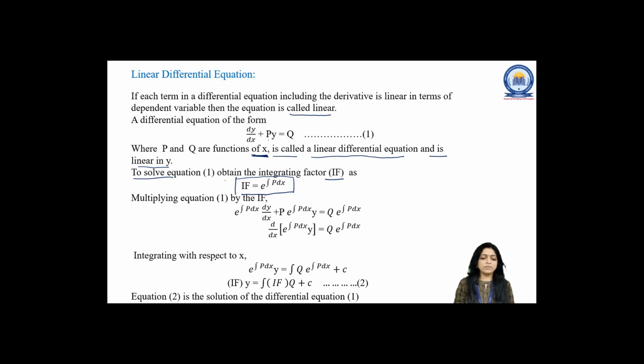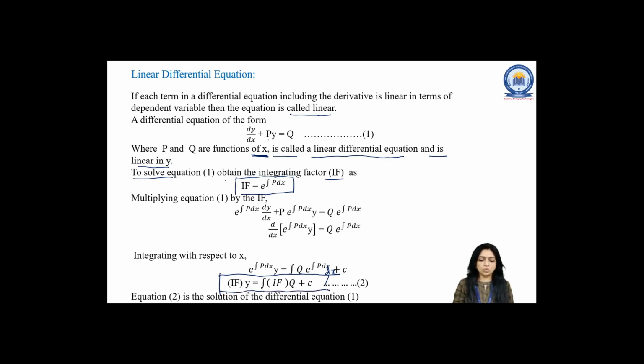So integrating with respect to x, our answer is e raised to integral of P dx into y equal to integral of Q e raised to integral of P dx with respect to x plus c. So this is nothing but the integrating factor into y equal to integral of integrating factor into Q plus c. This is the formula for solving the given linear differential equation.